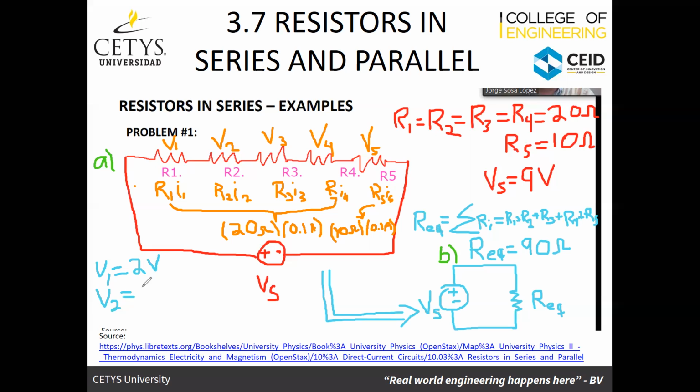It's also going to be 2 volts. V3 is also going to be 2 volts. V4 is going to be 2 volts also. These are going to be the same. And V5 is going to be equal to 10 times 0.1. It's going to be 1 volt.